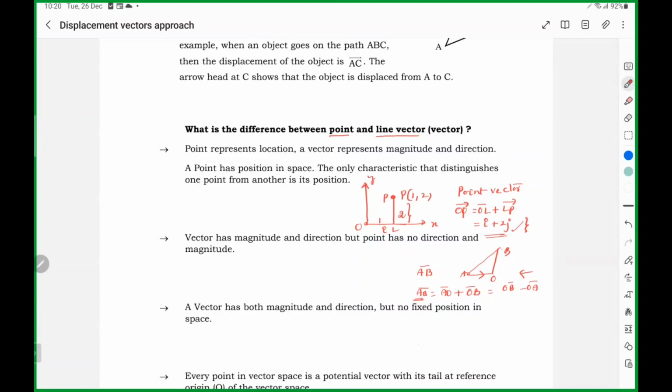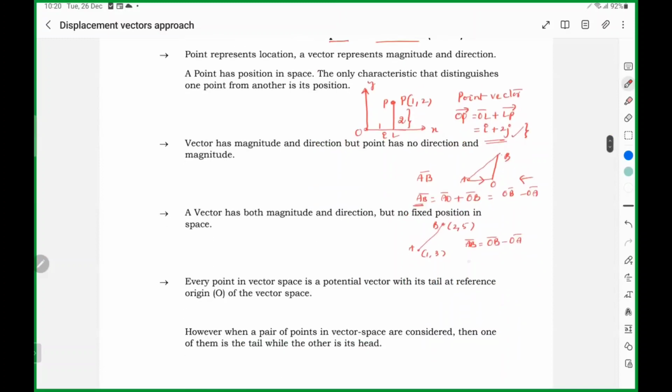If I take 2 points, one point as (1, 3), the other point as (2, 5), and I write AB as OB minus OA, it is 2i plus 5j minus (i plus 3j).